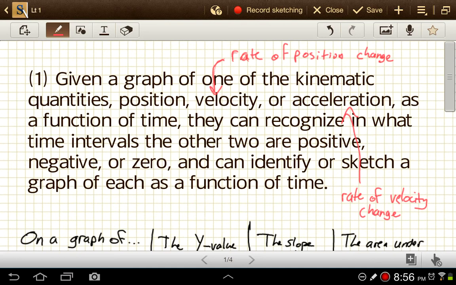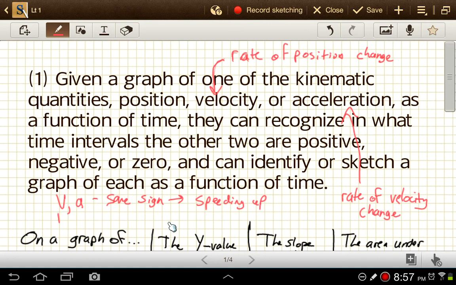Now, acceleration can be positive or negative as well, and it's a little tougher to see here. The general rule is that if velocity and acceleration have the same sign, then this means the object is speeding up. So if we have a velocity in the positive direction and an acceleration in the positive direction, the object is speeding up.